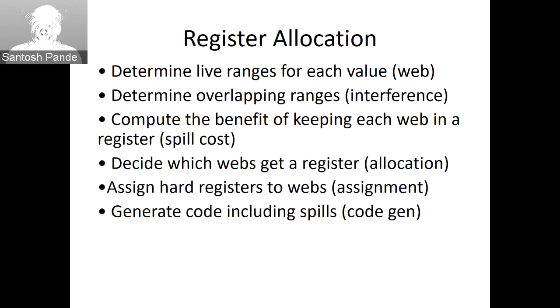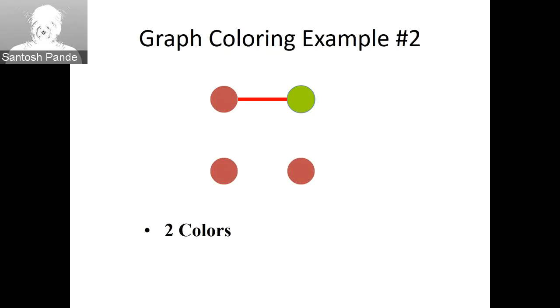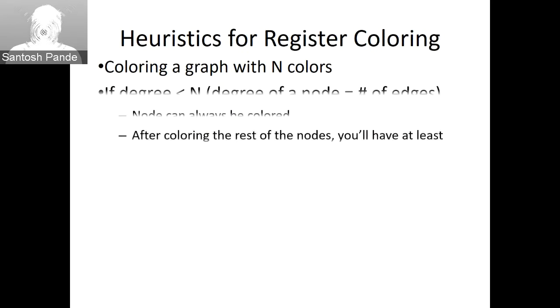So before that, of course, we need to worry about generation of the spill cost, and let us look at the spill cost generation, and then we'll look at coloring.